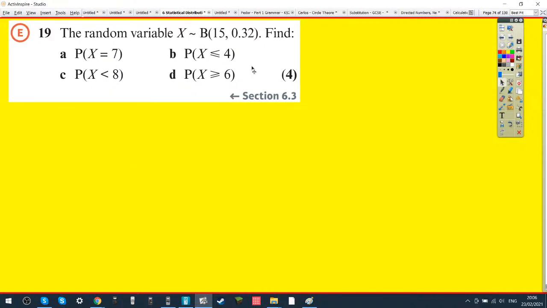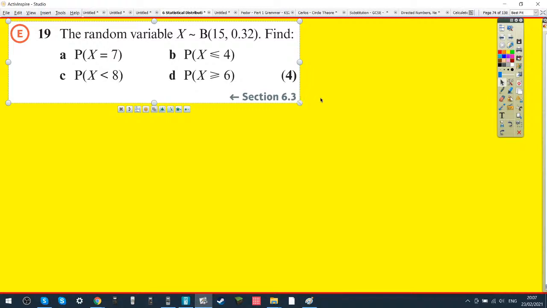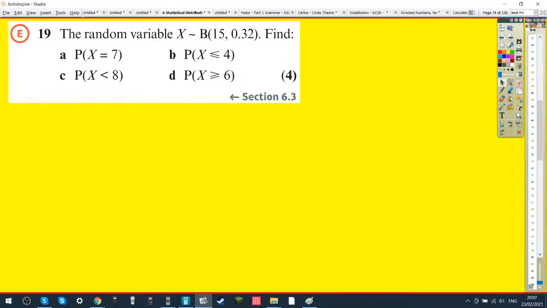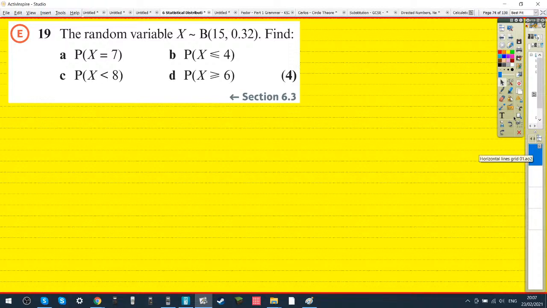So let's see. Exam question. How do we do this? When X is just 7, does that mean the upper and lower are both 7?